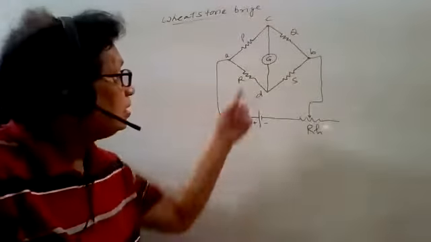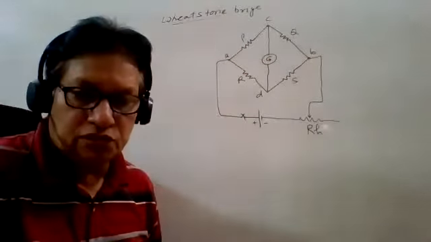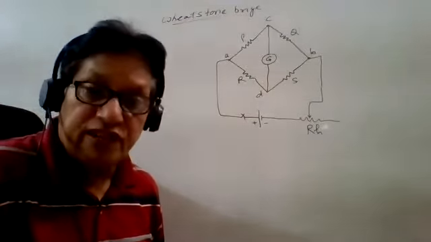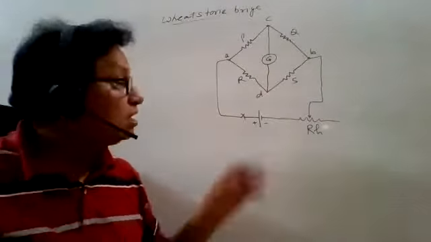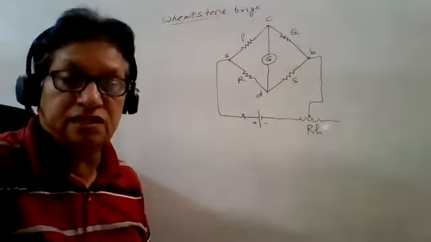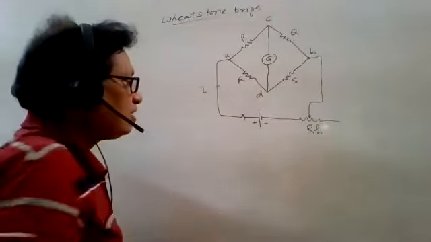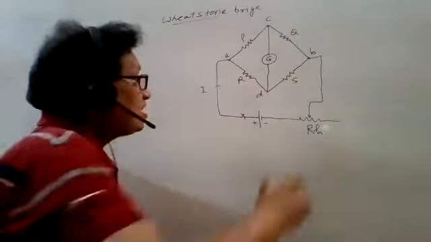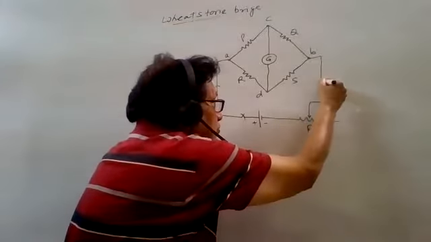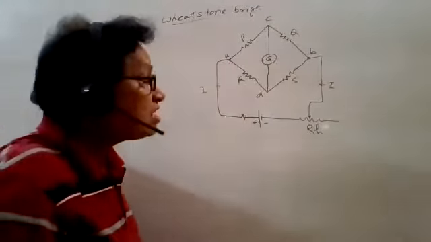Now, here if you vary either all the 4 resistances or any one, 2 or 3 of them, the current flowing through the galvanometer changes. Let us say there is a total current I coming from the battery or cell. The same current must exit also, entering the circuit and exiting the same.